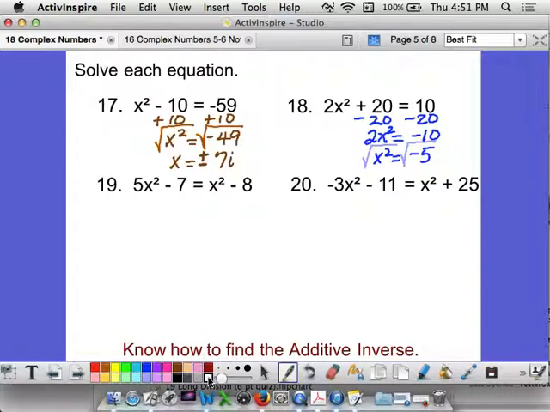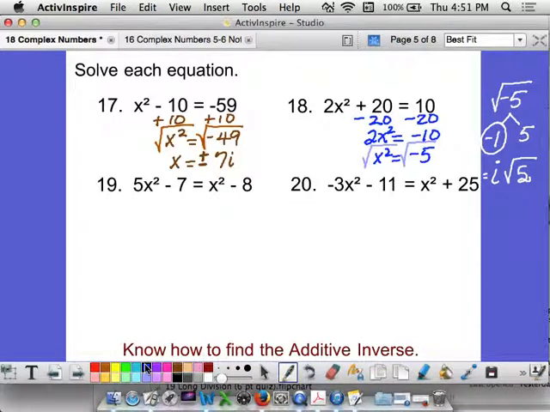Now I have that negative 5, so I have the square root of negative 5. This breaks down into negative 1 and 5. I know the square root of negative 1, it is i. But I don't know the square root of 5, so the 5 stays underneath. So this breaks down into i square root of 5.